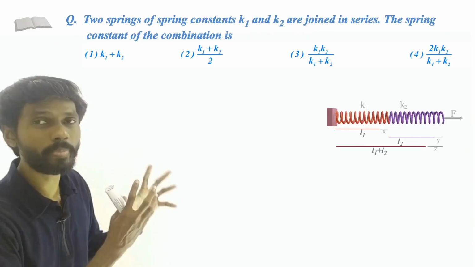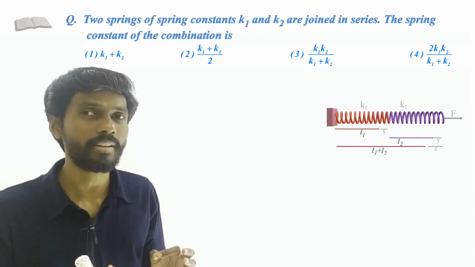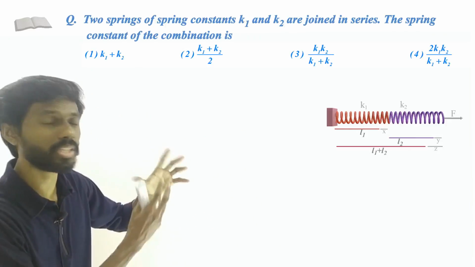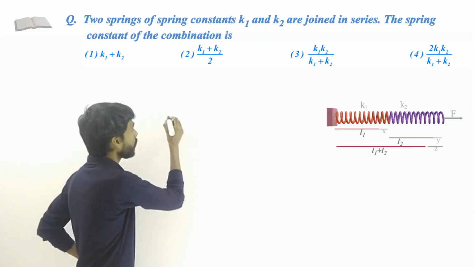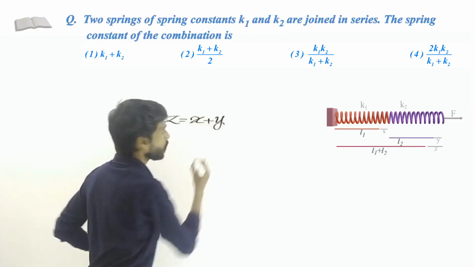Now the combined spring will also get elongated, and that length is taken as Z. That means Z equals X plus Y, because X plus Y is the total elongation, which is the same as Z. So we have this relation Z equal to X plus Y.